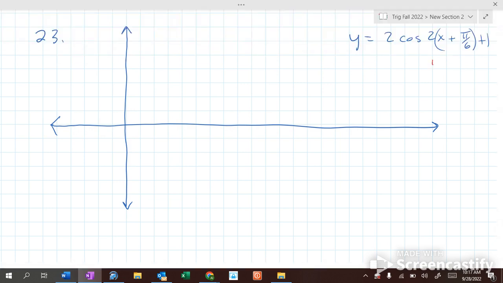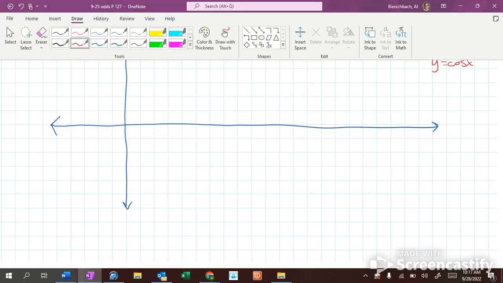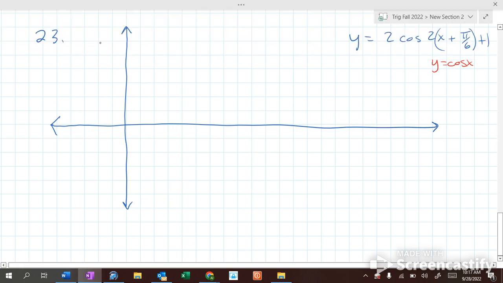So we're going to graph y equals cosine of x first. Okay, I have a pi over 6 involved, so I need to go probably 6. 1, 2, 3, 4, 5, 6 to get to pi over 2. And 6 to get to pi. 6 to get to 3 pi over 2.